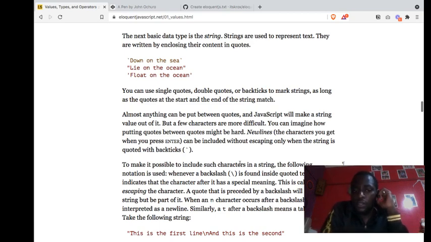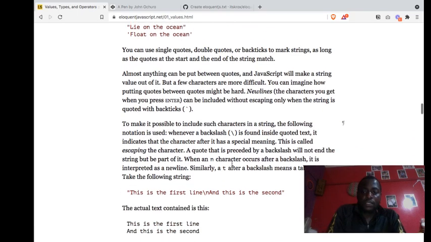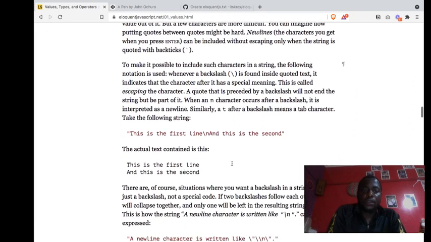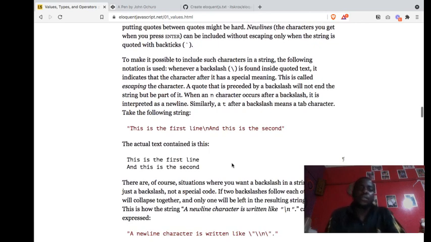This is called escaping the character. A quote that is preceded by a backslash will not end a string but be a part of it.